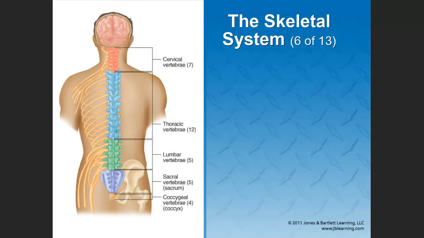And you can see where the spinal cord nerves branch out of the spinal column on the left side of that diagram. So you have nerves going to the upper extremity, and you have nerves going to the lower extremity.